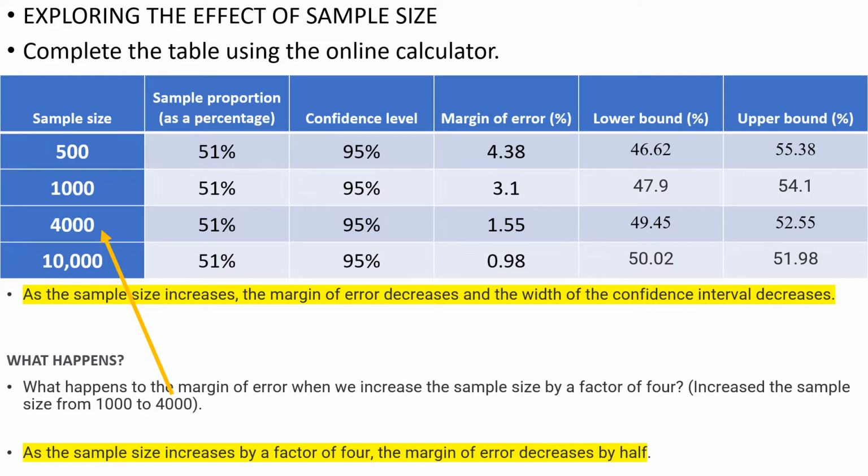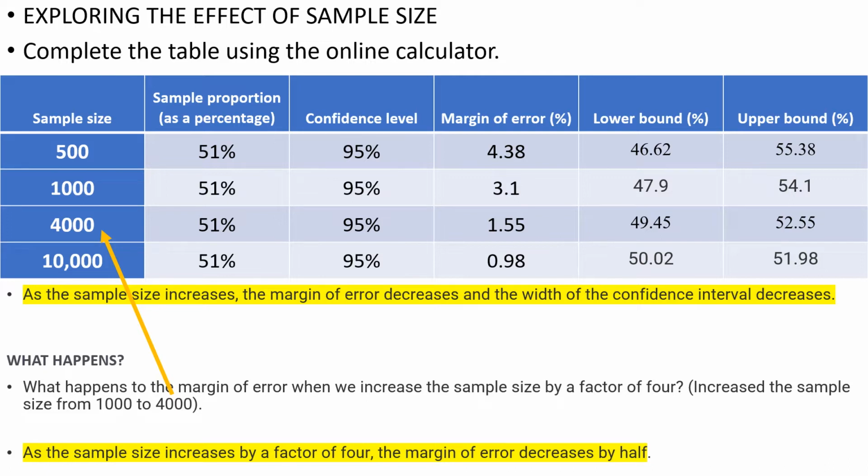In other words, then we can be more sure that our sample mean will be the same as the population mean. It will give us a clearer indication. So if the margin of error decreases, the width of the confidence interval will also decrease, because the margin of error is basically half of the confidence interval.